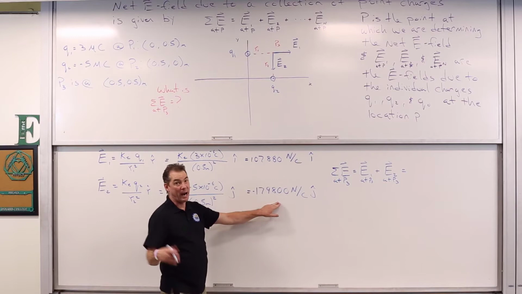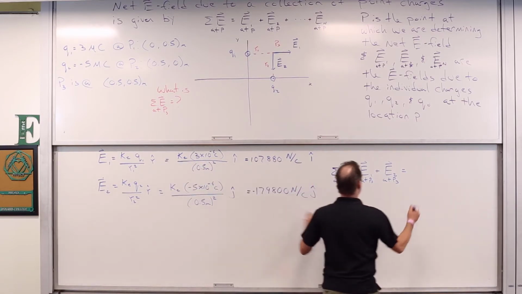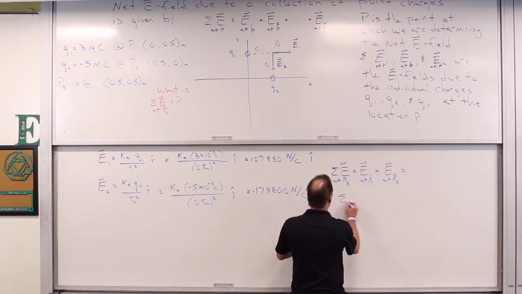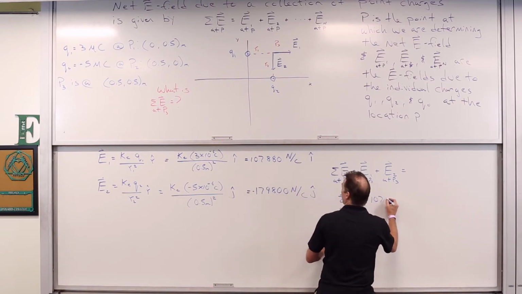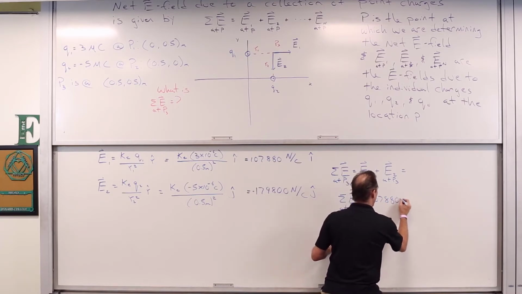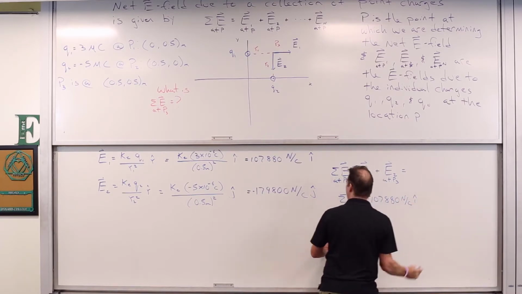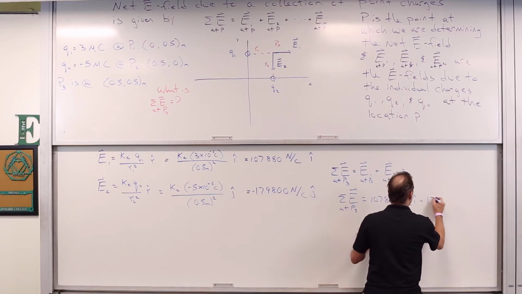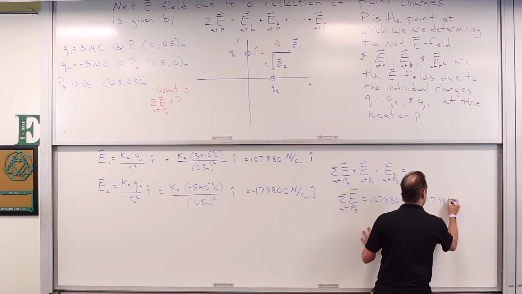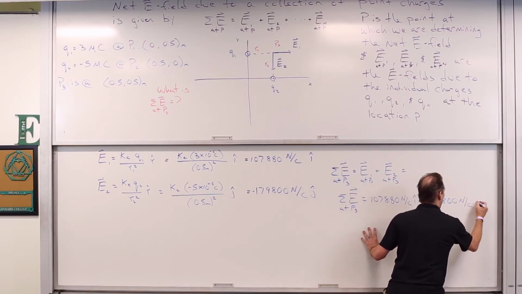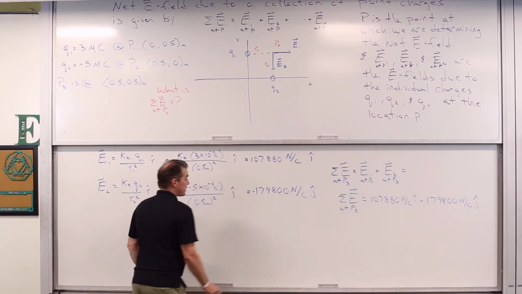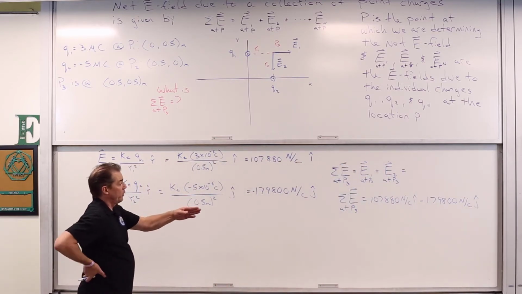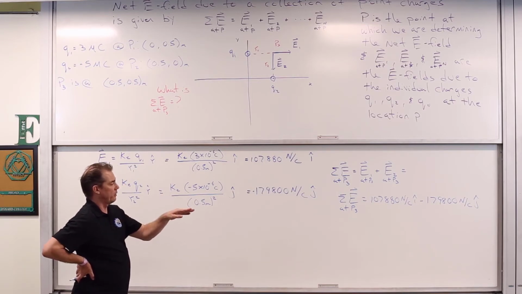So we can actually write it out in unit vector notation and say that sigma E hat at P3 is then equal to 107,880 newtons per coulomb I hat minus 179,800 newtons per coulomb J hat. So there we've got ourselves the net electric field at P3 in unit vector notation.